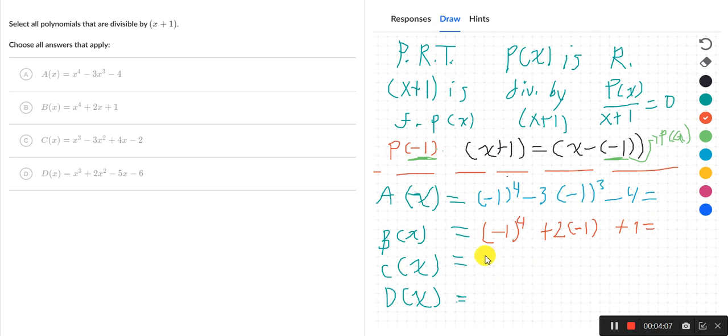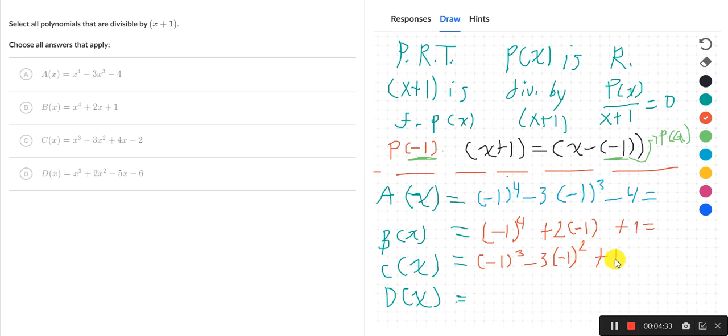And the third one we have -1 to the power of 3 minus 3 times -1 squared.